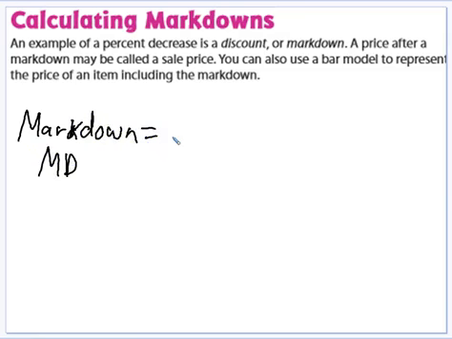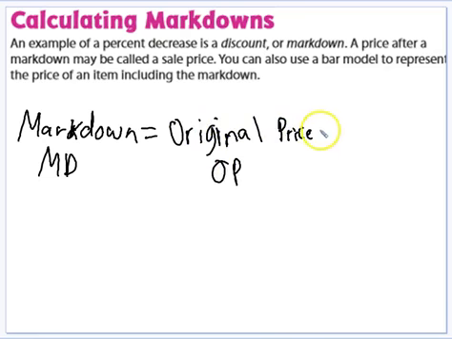equals the original price, or OP, minus. That is the only difference between a markup and a markdown. You subtract the second part.